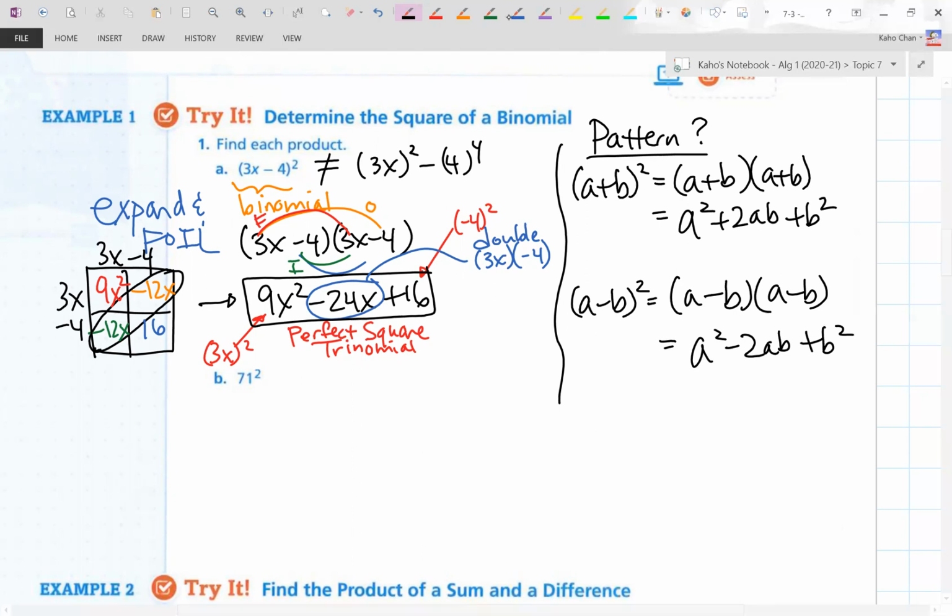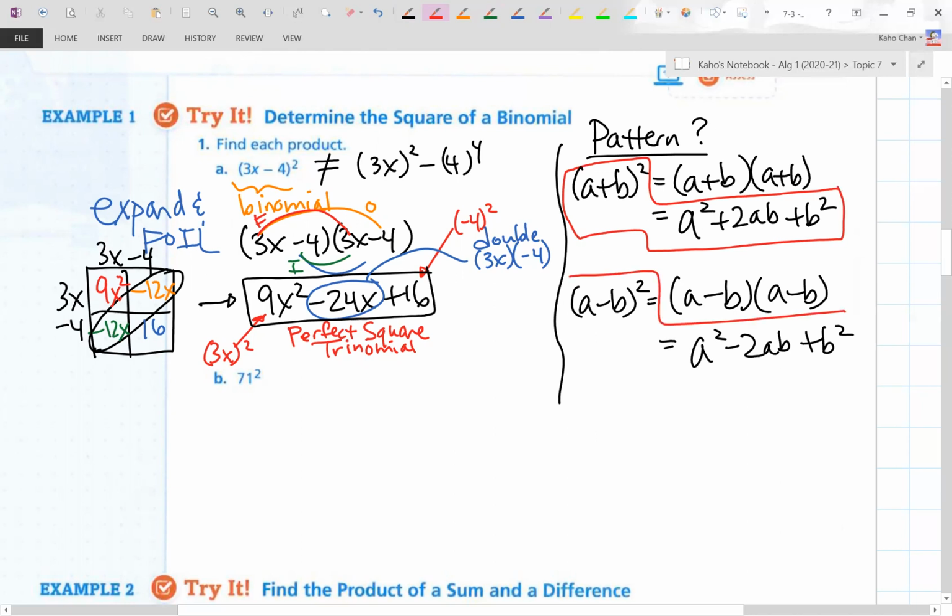So it's kind of interesting how these form certain patterns. See how close they are to each other? Is it the end of the world that you don't memorize this? No. But those things that you created, a squared plus 2ab plus b squared, those are perfect square trinomials when you square a binomial, positive or negative.